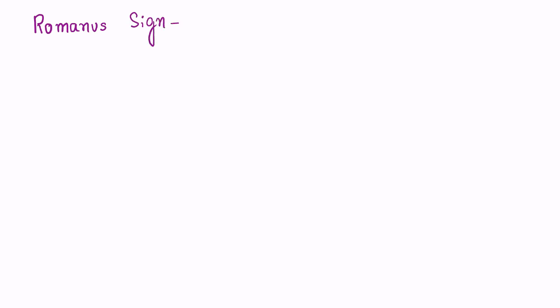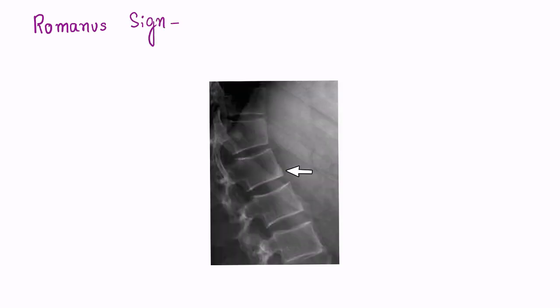Now the Romanus sign: edges of vertebral bodies appear as shiny corners in the X-ray plate, also known as the shiny corner sign.